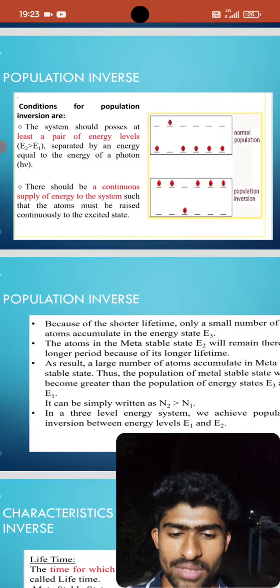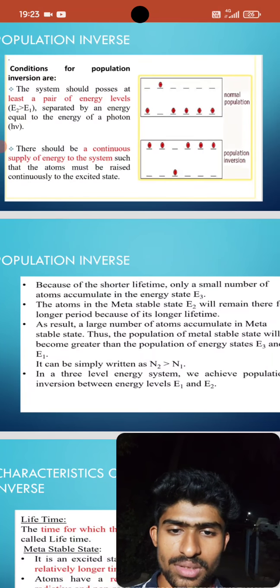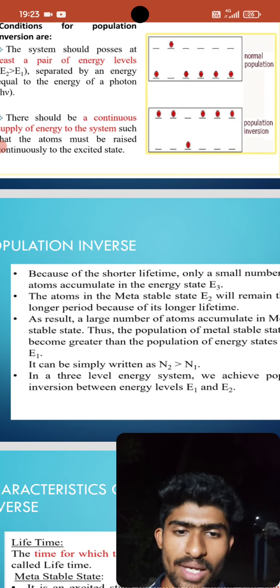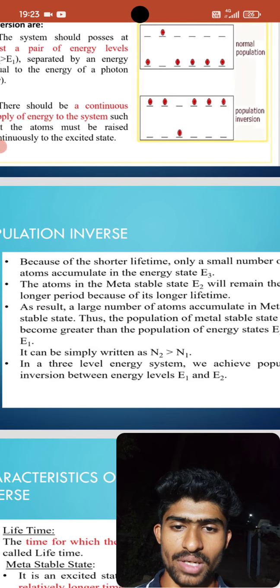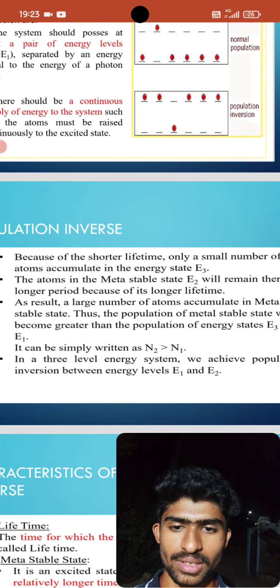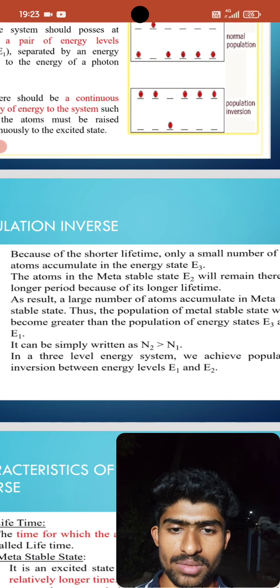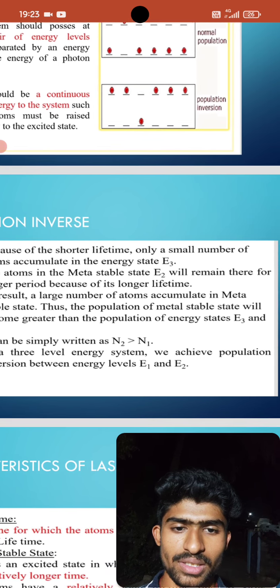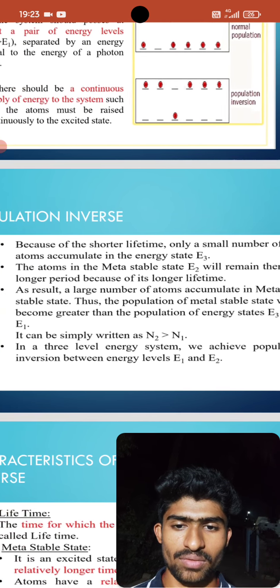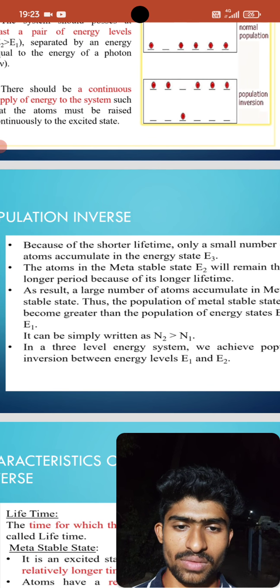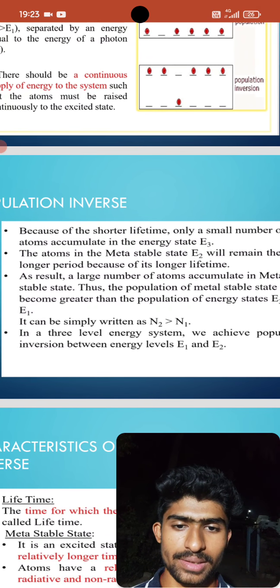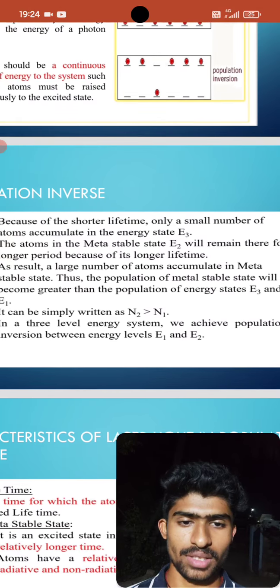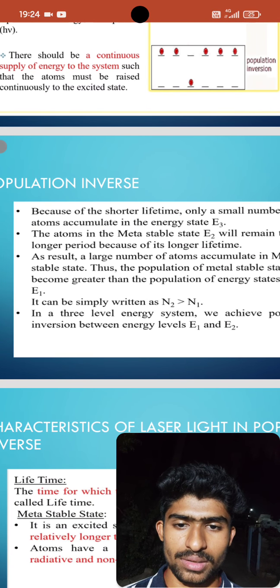Because of the shorter lifetime, only a small number of atoms accumulate in the energy state E3, and the atoms in the metastable state E2 remain there for a longer period because of its longer lifetime. As a result, a large number of atoms accumulate in the metastable state.